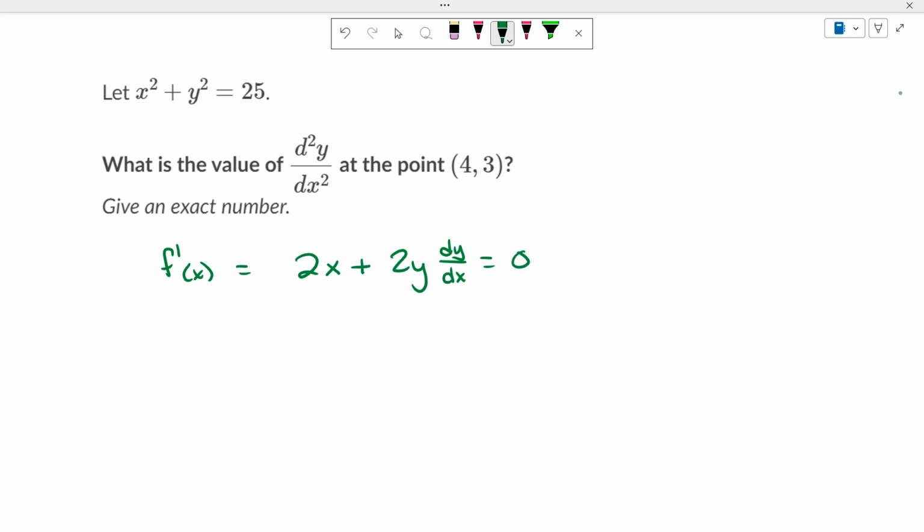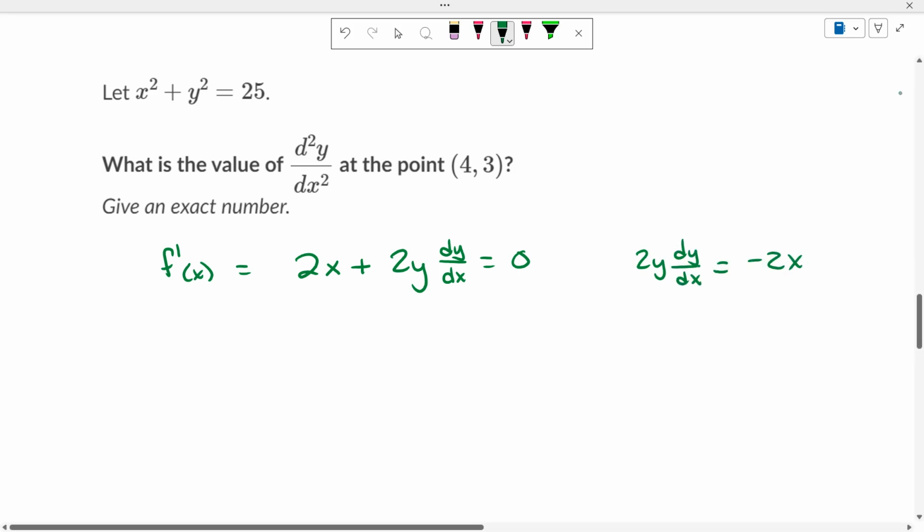But we got to get dy/dx alone. So 2y dy/dx equals negative 2x, and then divide by negative 2y, because we want to get dy/dx alone. Isn't the 2y positive? 2y is positive.